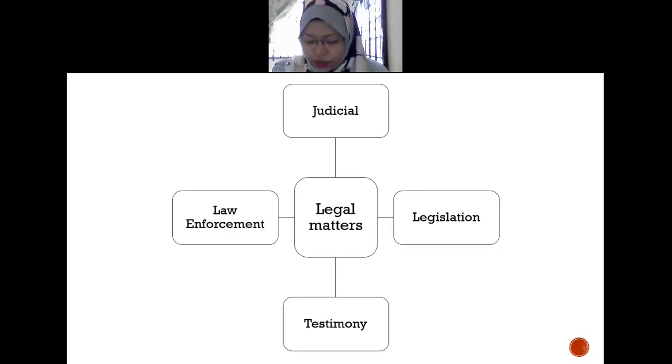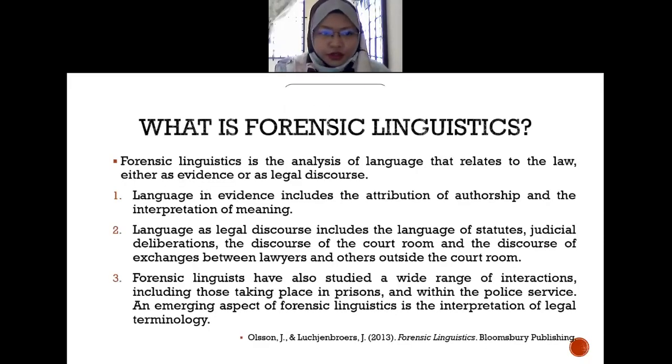Forensic linguists help non-linguists such as investigators, judges, lawyers, even counter-terrorist groups to gain more information from language evidence, because we cannot deny the fact that language is part of ourselves, right? So that's why language is really important. Right. Moving on to the next definition of forensic linguistics.